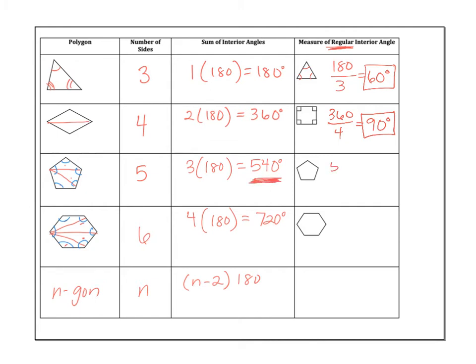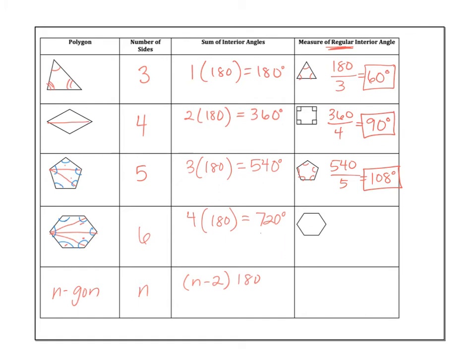So we're going to take 540 and divide it by the number of angles. So how many angles do we have in a pentagon? Well, we have 5. So 540 divided by 5, if you type it in your calculator, it's 108 degrees. So each angle inside of here is 108 degrees, but altogether they add up to 540.